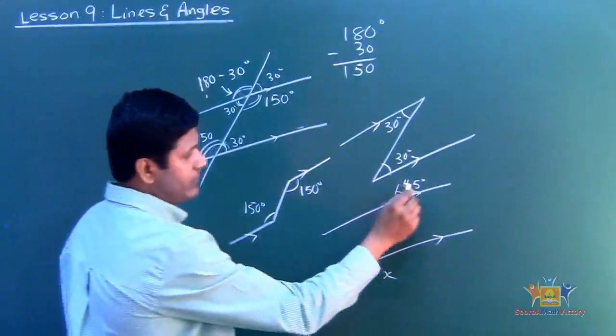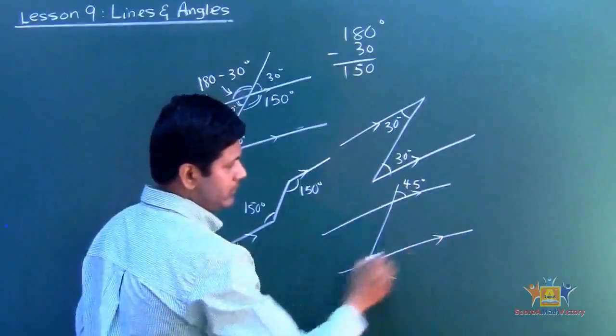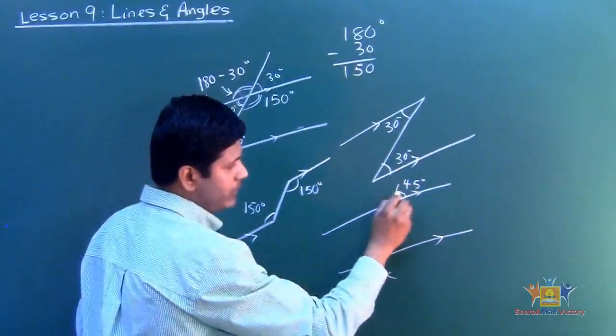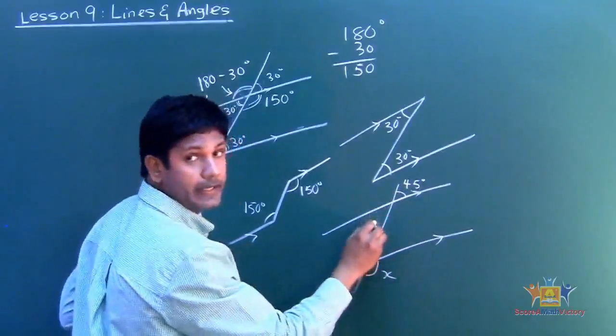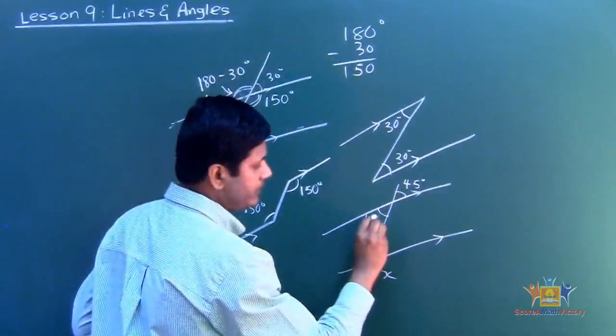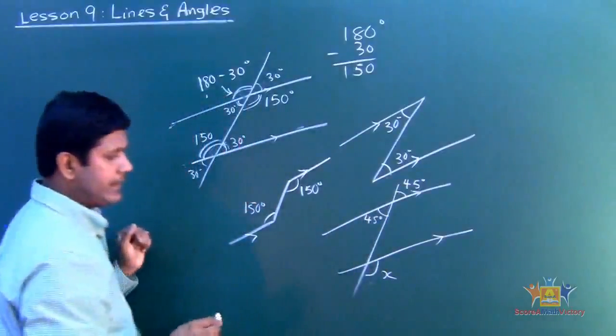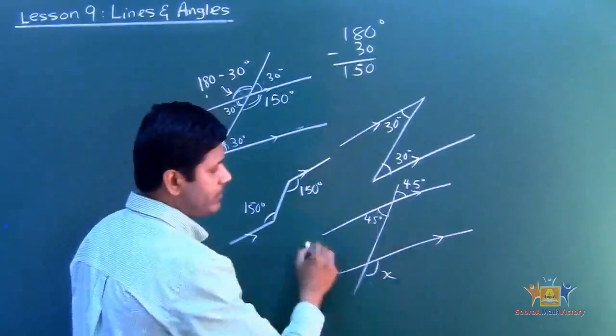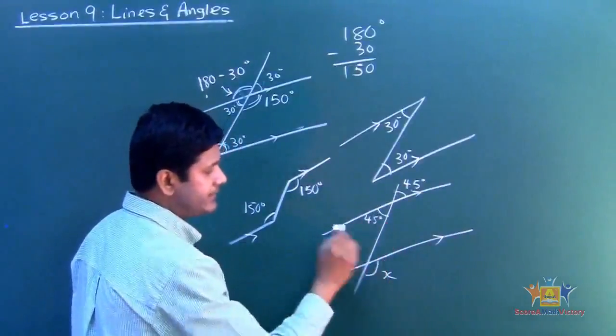First, if this is parallel and there's a line of intercept, what are these two called? Vertically opposite angles. So that means this is also 45. Am I right? Next, we're going to use the Z method. Remember Z, the inside angles are the same.